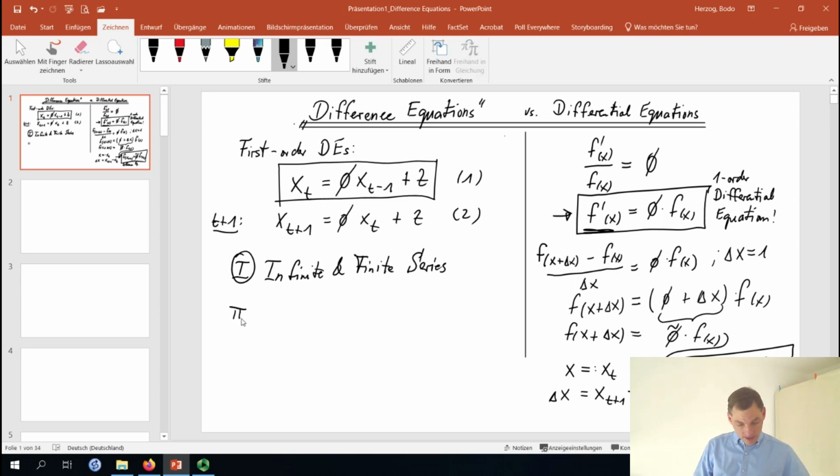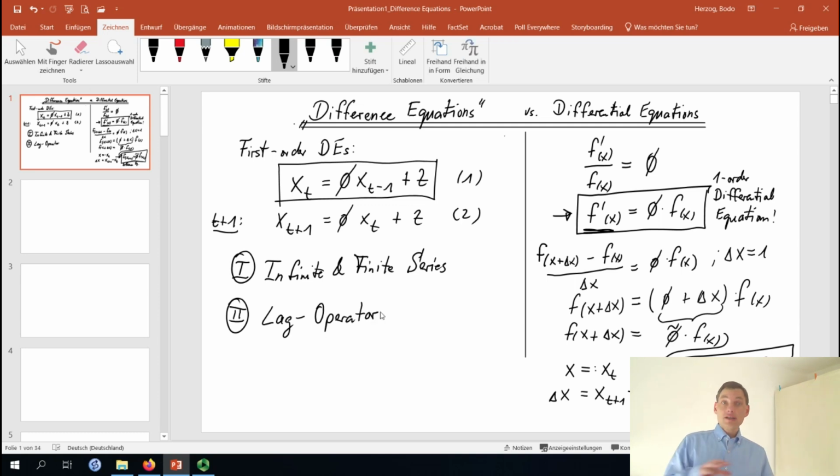And the second topic in this video is the idea of lag, the so-called lag operator. That is also a tool we need when we talk about difference equations. It's not needed when we talk about differential equations. There are two topics specific to difference equations, and in this video I am going to talk about these two parts. And in the next video, I will then come to the solution idea of difference equations.